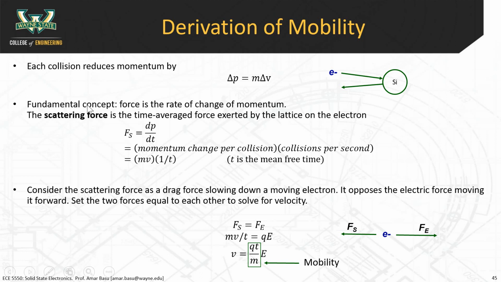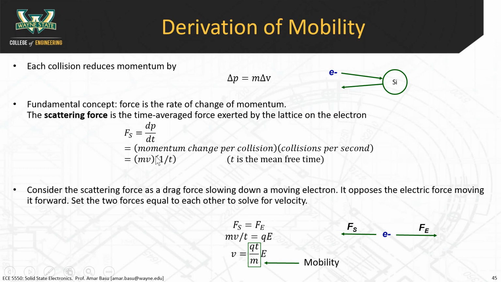If you haven't seen this before, force is equal to dP over dt. If you think about this in terms of units, this does work out. 1 Newton is equal to kilograms times meters divided by seconds squared. So the units do work out there. It's a change in momentum over change in time.